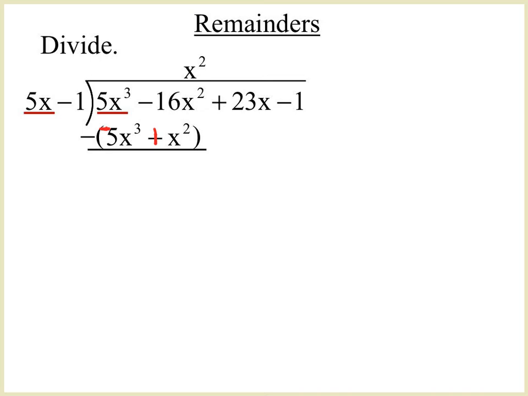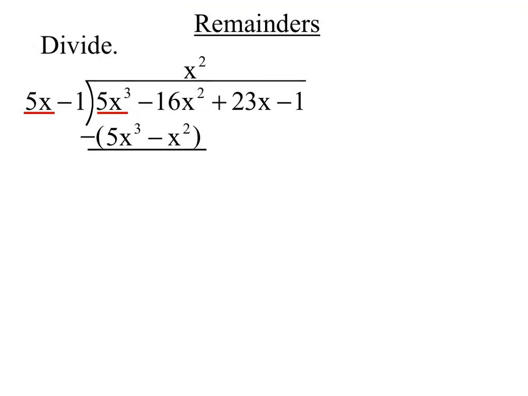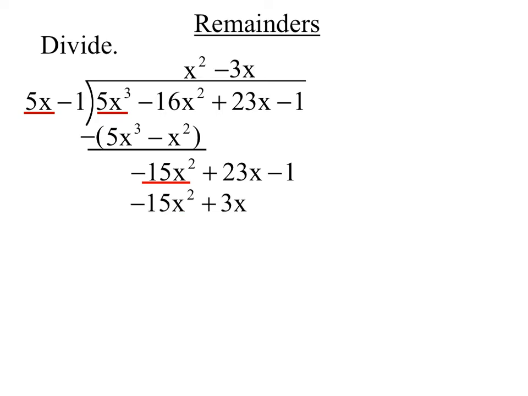So what we're left with is 15x squared plus 23x minus 1. 5x goes into 15x squared, I would have to multiply it by 3x. Negative 3x times negative 1 is positive 3x. Subtract it out, and what I'm left with is 20x minus 1.